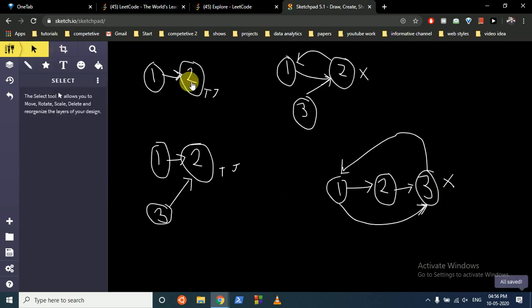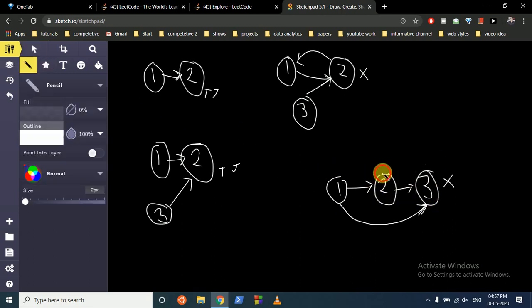But what happens if this is not there? Now as you can see, 1 trusts 2 and 3, and 2 trusts only 3. This can also be such that 2 trusts 1 also.